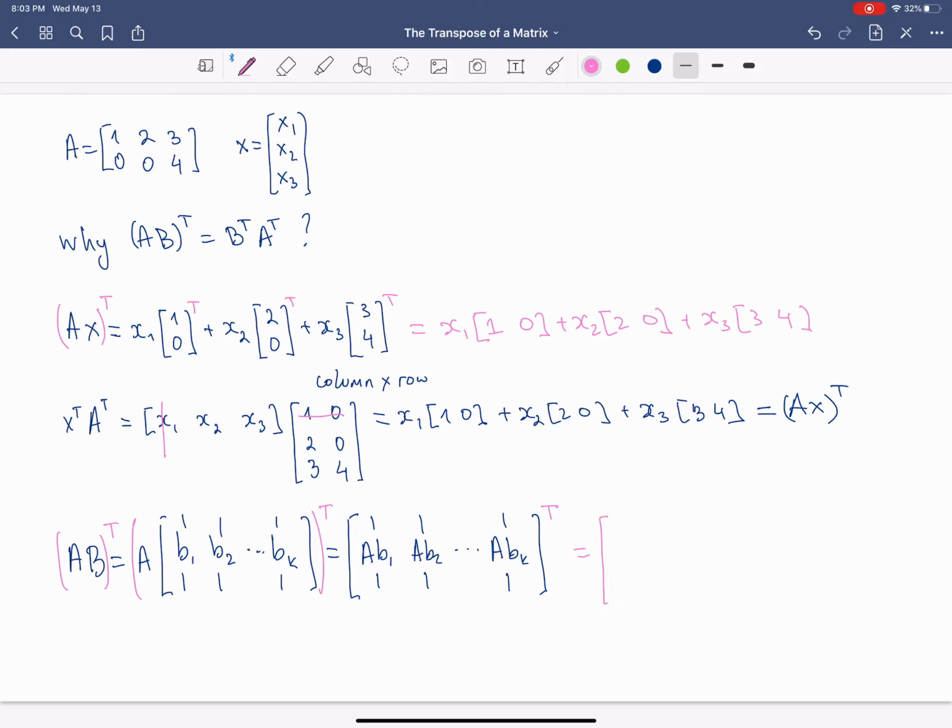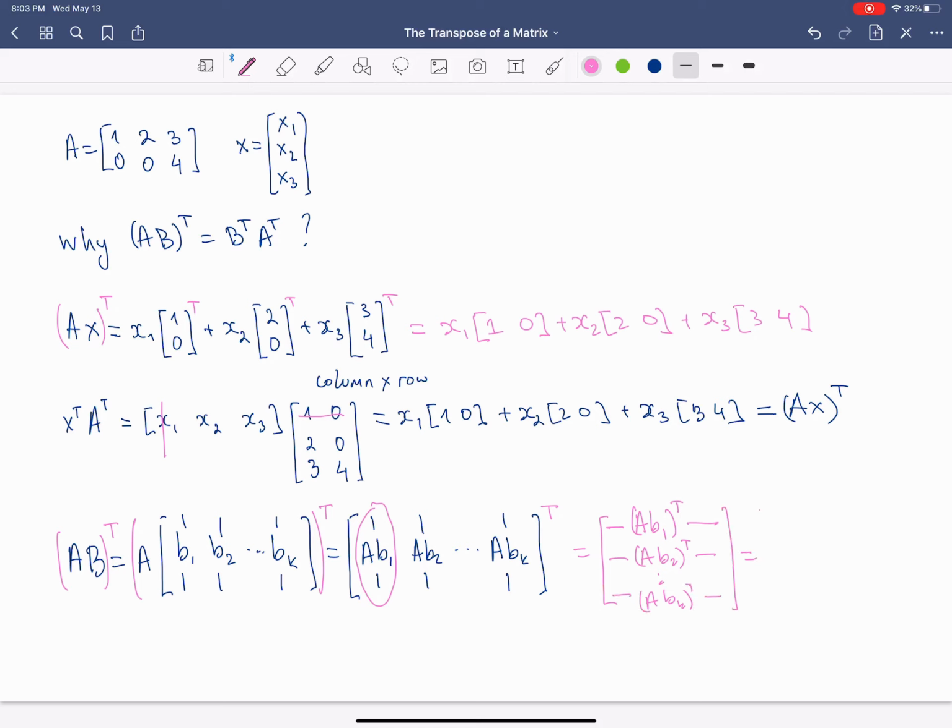So I need to write this column, AB1, as a row, which is to say I should write (AB1) transposed, and I'll write it as a row here. And then I have (AB2) transposed all the way to (ABK) transposed.